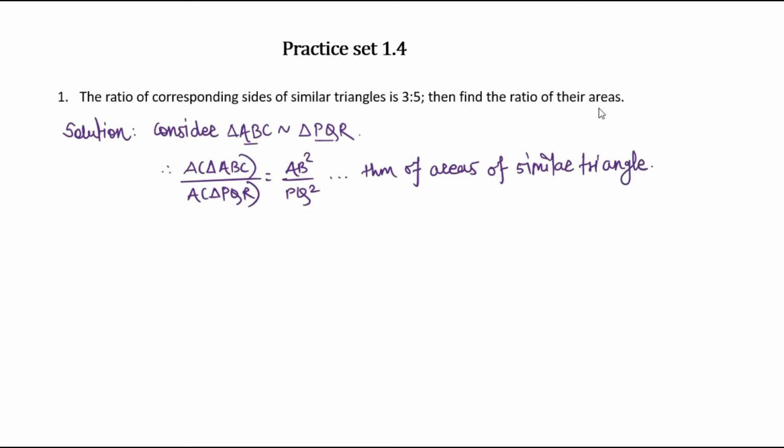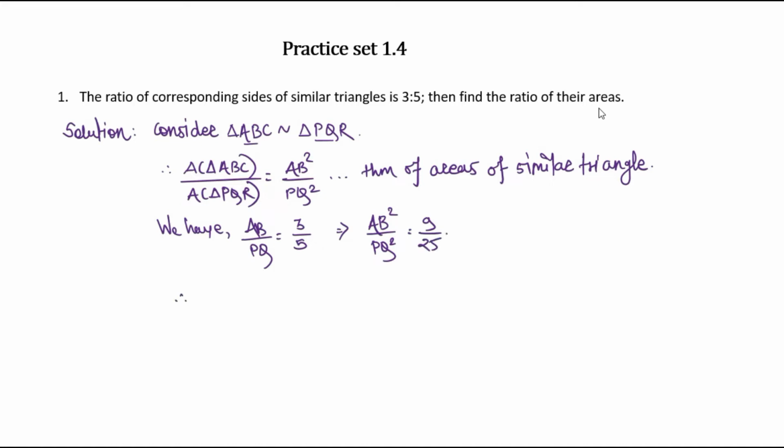So what is given is just the ratio of corresponding sides of similar triangles. That is, AB upon PQ is equal to 3/5. So AB square upon PQ square is 9/25.